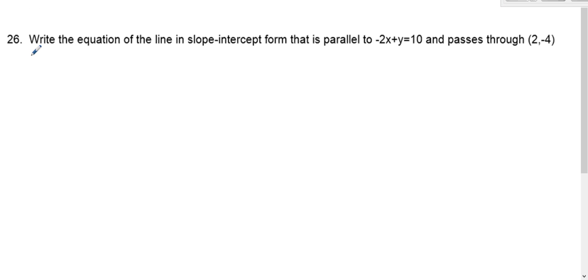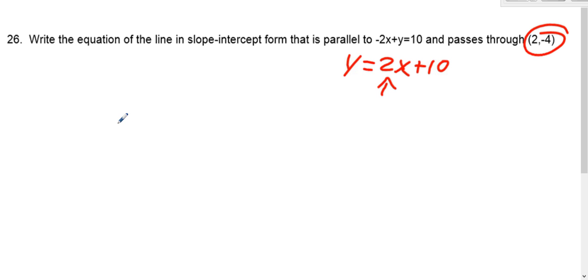Write the equation in slope-intercept form of a line that is parallel and passes through those points. So if it's parallel, we need the slope. So make that slope-intercept form. Parallel, so we're going to keep that slope and use these points.